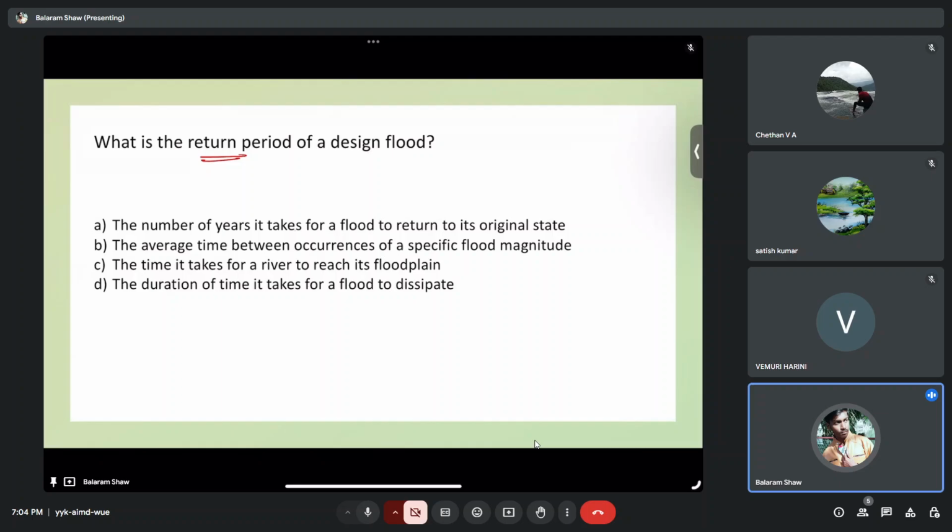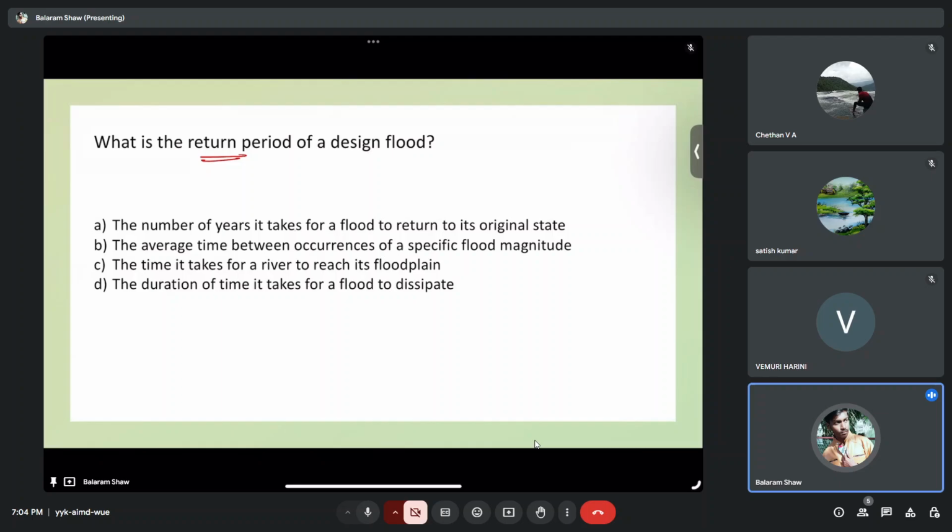The term 100-year flood refers to: the largest flood that occurs once every 100 years, a flood with a 1% chance of occurring in any given year, a flood that occurs once every 10 years, or a flood that can only be estimated for a 100-year period. So the correct answer will be a flood with a 1% chance, because a 100-year flood means the return period is 100 years.